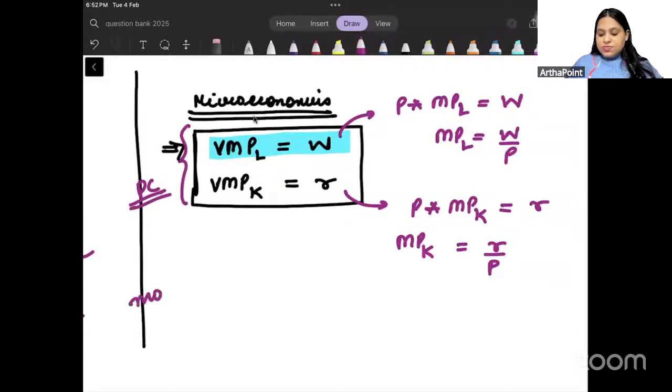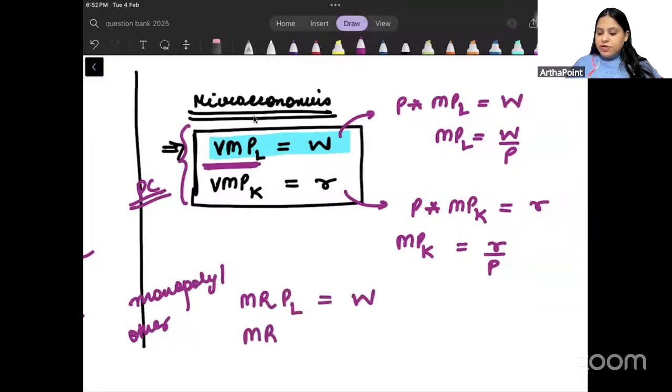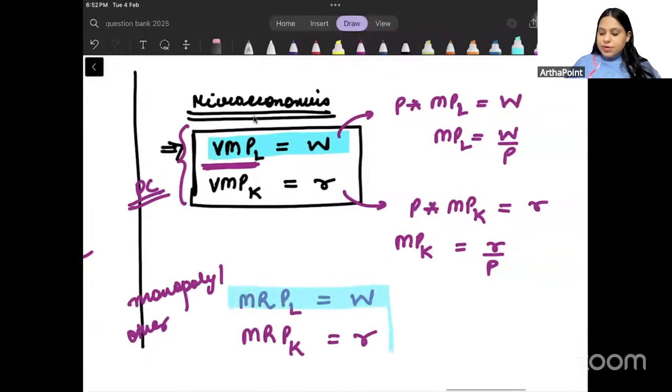Or if this is monopoly or any other market, then instead of this, we will have marginal revenue product of labor equal to W, marginal revenue product of capital equal to R. ये relationships हमने पढ़े हुए हैं. We have studied these relationships.